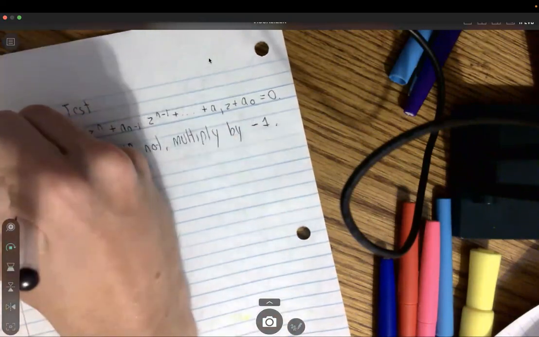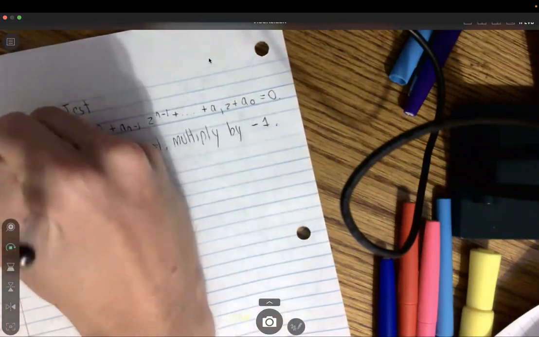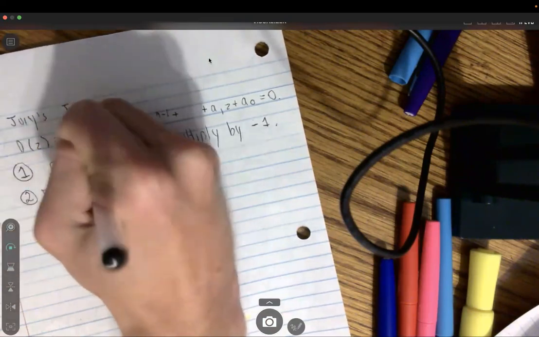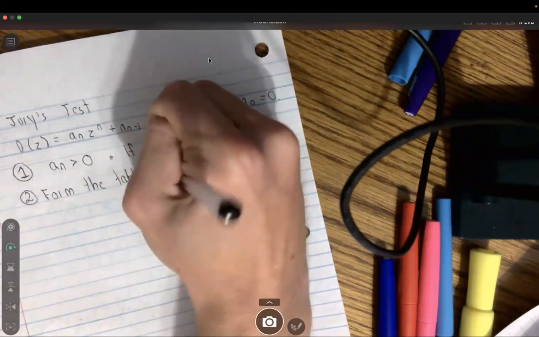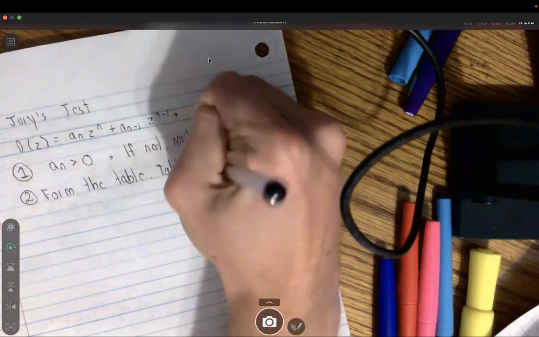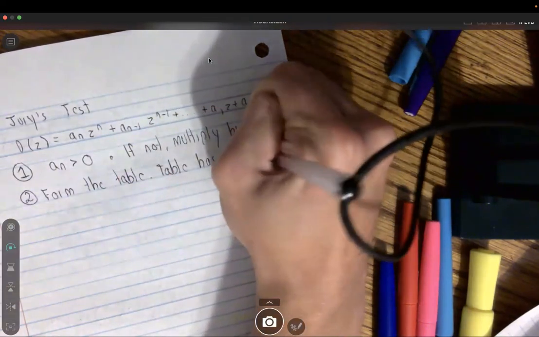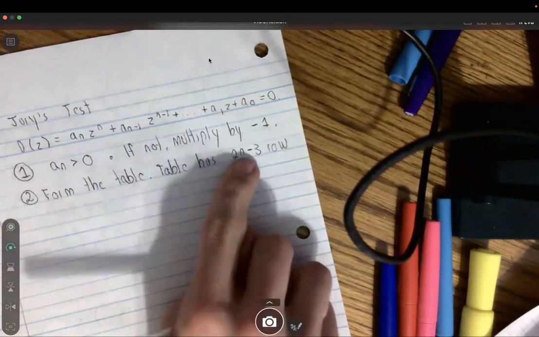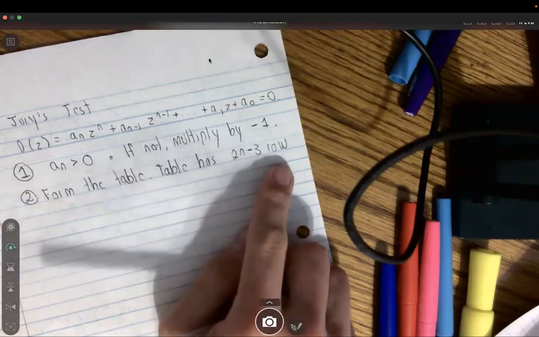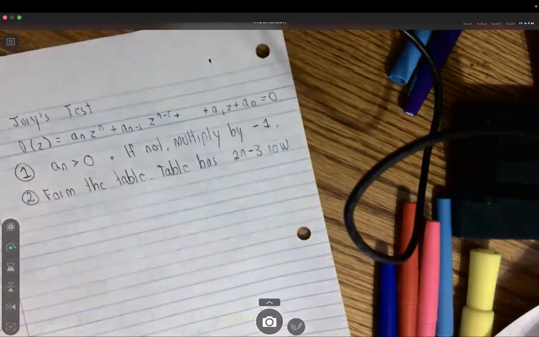Step number 2 is form the table. The table has 2n - 3 rows. So if you have a third order system, it'd be 2 times 3 minus 3. n is just the order of your system.